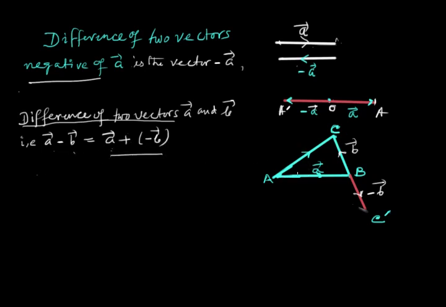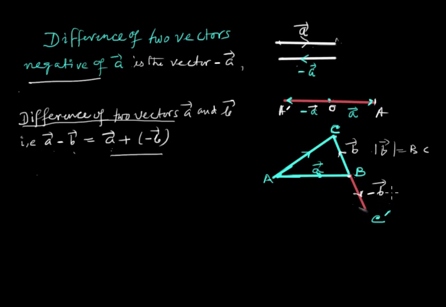Now look at this picture. This is vector A, and then from B we draw a line BC, taking the vector B, whose magnitude is equal to BC. In the opposite direction of BC, we take BC dash.